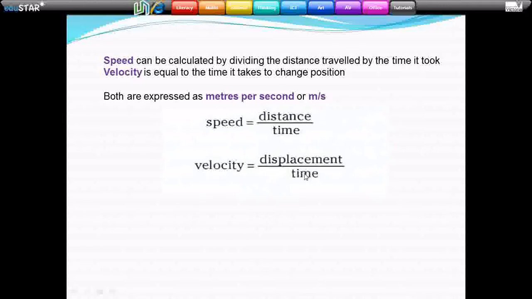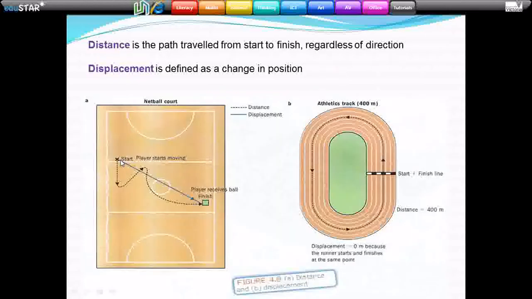Velocity is important because it tells us what direction the movement is in. If we go back to the previous slide, the velocity would use this blue line to measure the displacement and then divide that by the time that it took to get to that position, whereas the speed would be the distance divided by that time.